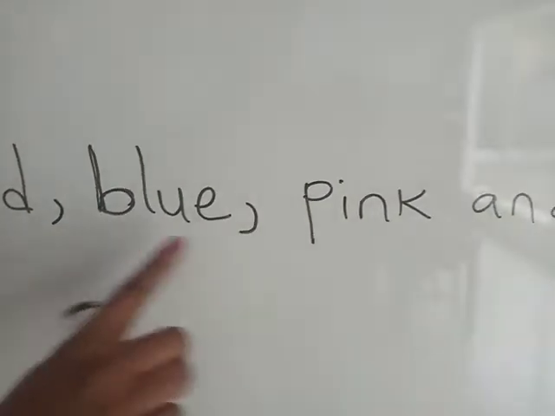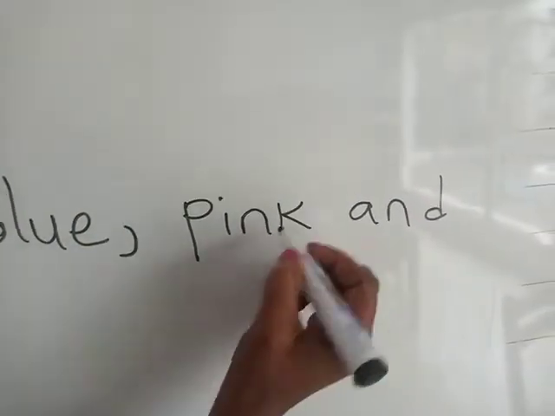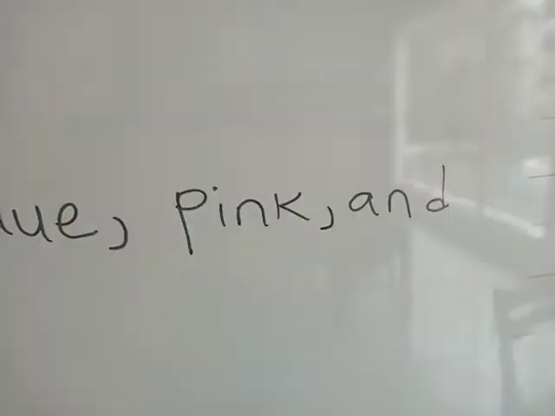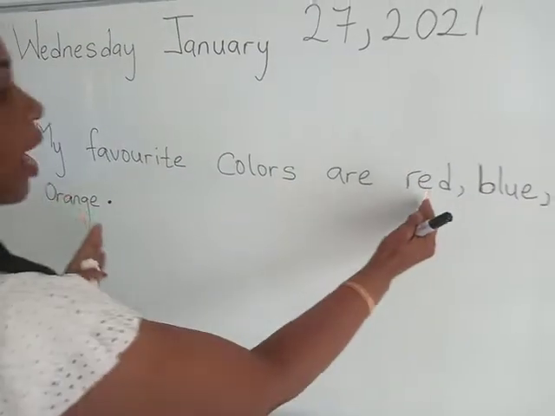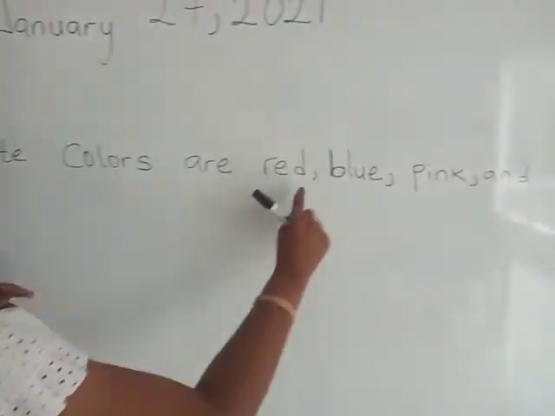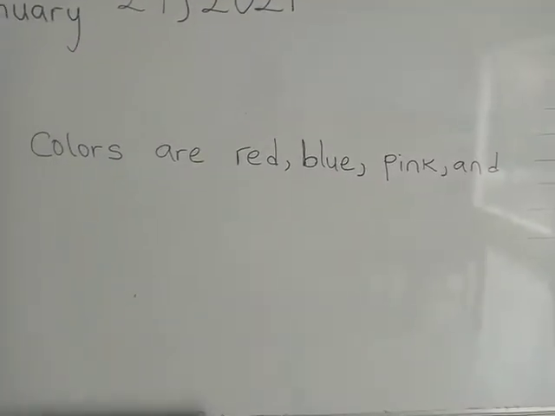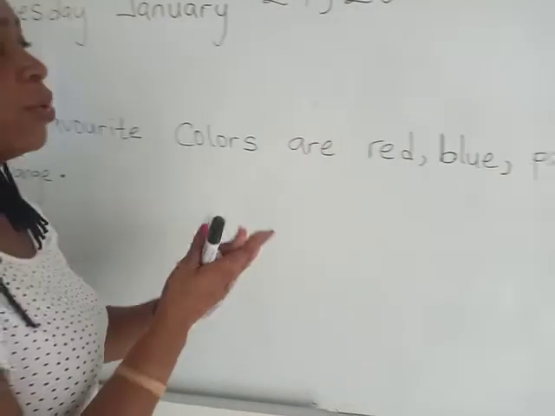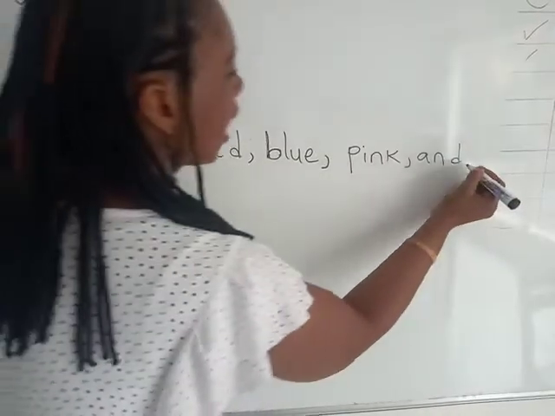You also have to put a comma after blue. And the next color is pink. So when you look at this now, you can see that the colors are being separated with the comma. And another thing I would like you to take note of is this. When you get to the word and, you don't put a comma after and.